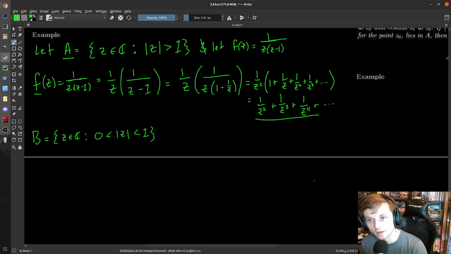Both of these are nice little annular regions. In A, the radius of the outside part of the annulus is infinite, and the radius of the inside part is 1. Here we have the radius of the inside part 0 and the outside part 1.